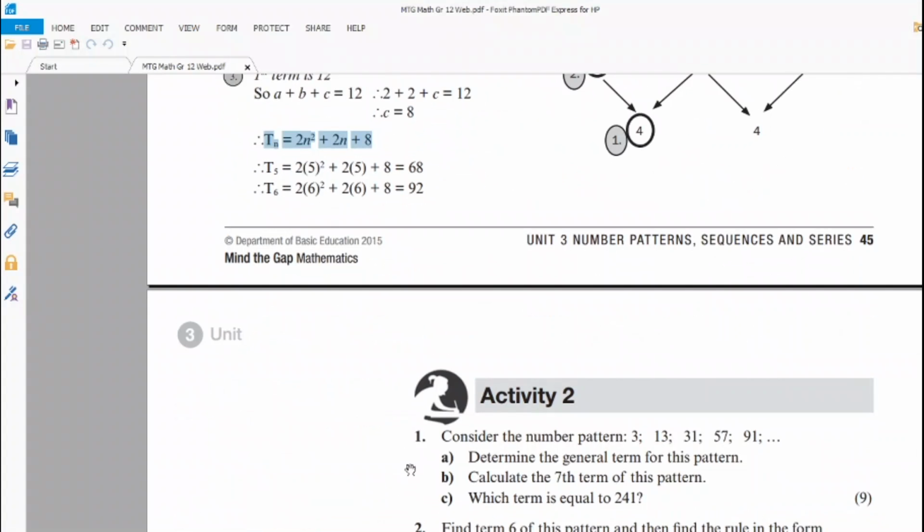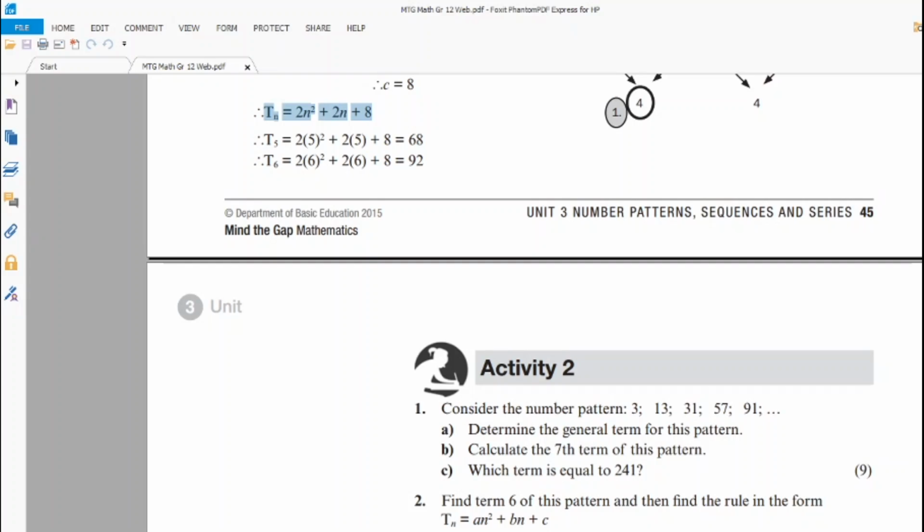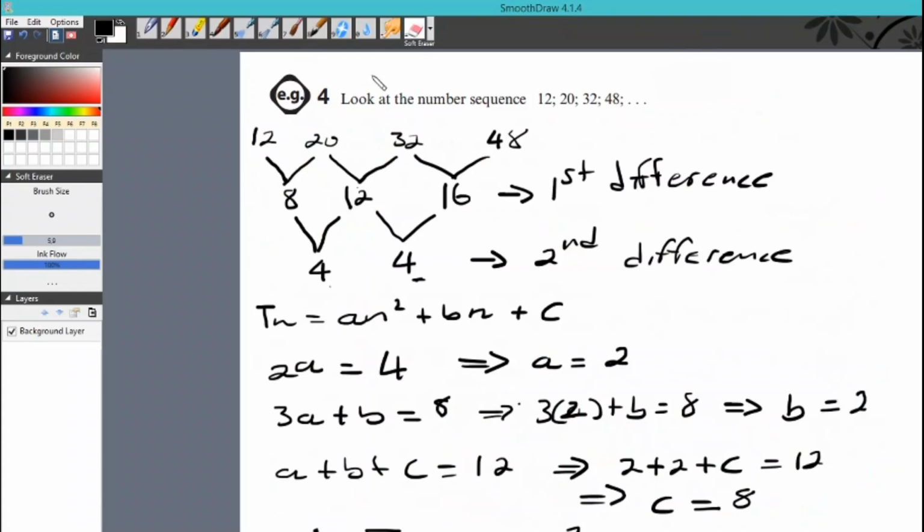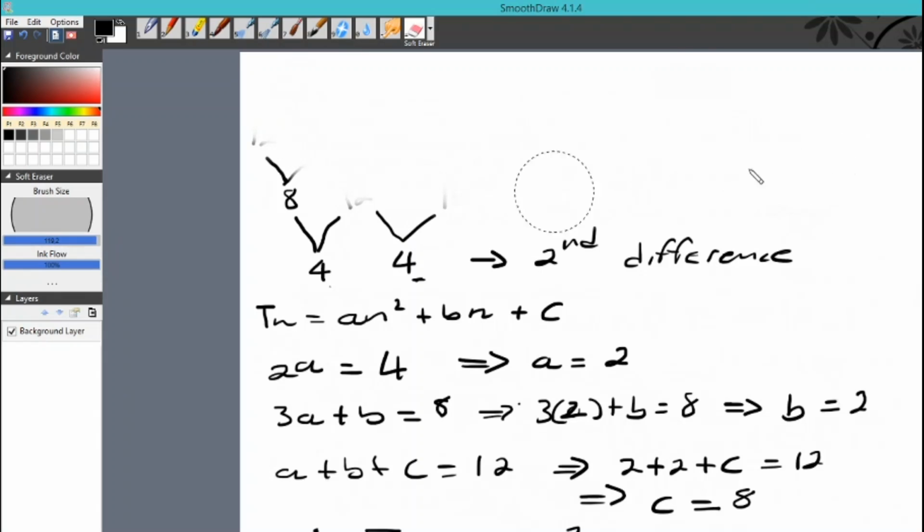Now let us move on to an activity and solve these questions. Let me create space quickly for the activity.